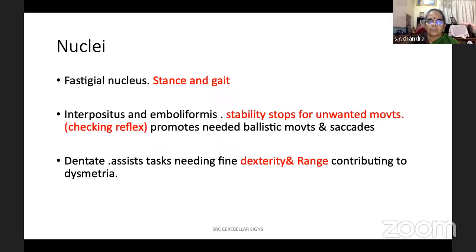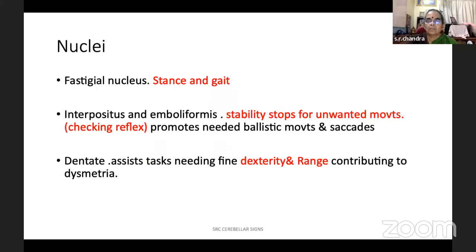That means supposing you carry out a movement to reach a target. On reaching the target, we have to stop the movement, so the activity should not continue beyond that. To stop the movement, the antagonist has to be activated. So on reaching the target, to activate the antagonist and stop the agonist, interpositus and emboliformis help.